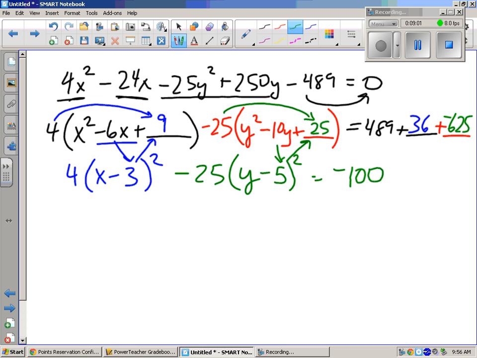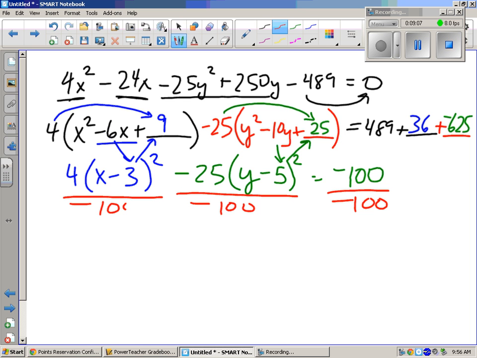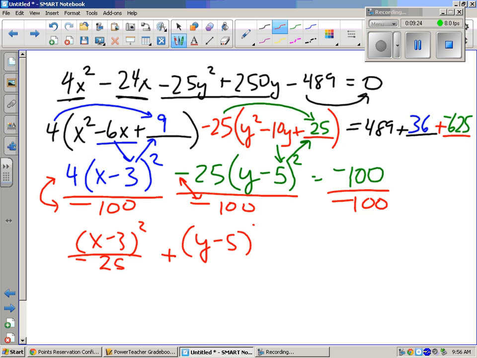When I divide everything by a negative 100, what's going to happen here? Right here, it's going to reduce to negative 25 on the bottom. These two are going to reduce to a positive, and it'll be a 4 on the bottom.